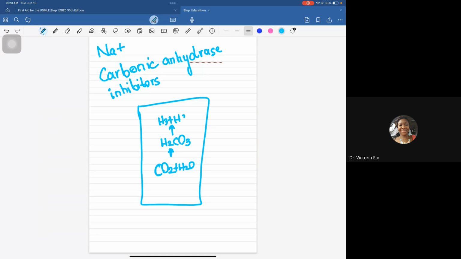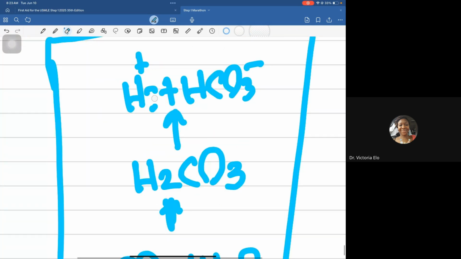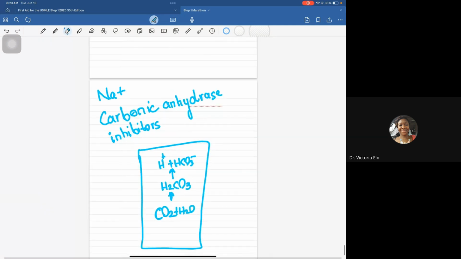So this is the first important thing that you're gonna see: H positive ion and bicarbonate ion, and all of this is gonna happen with the help of the carbonic anhydrase enzyme.